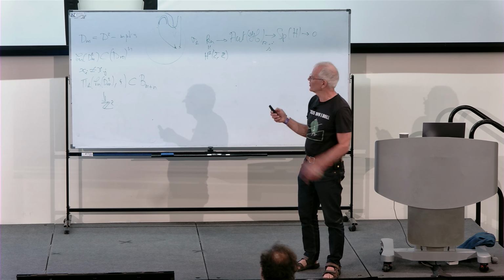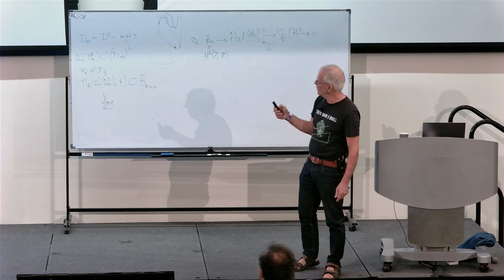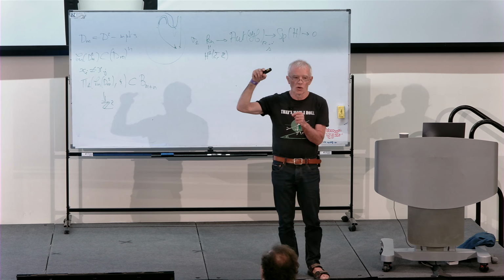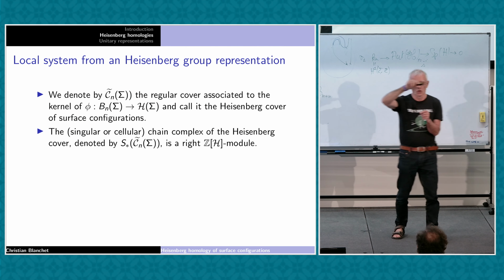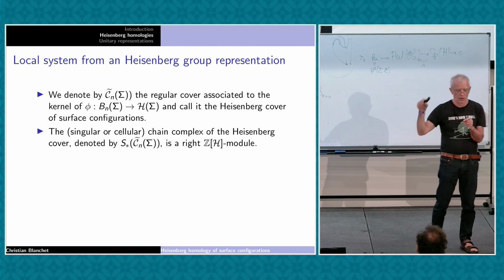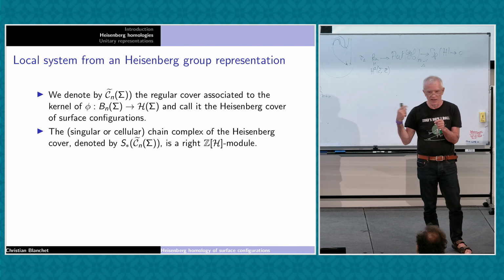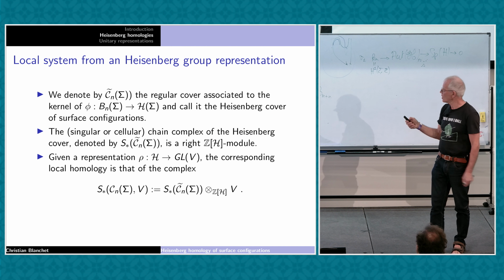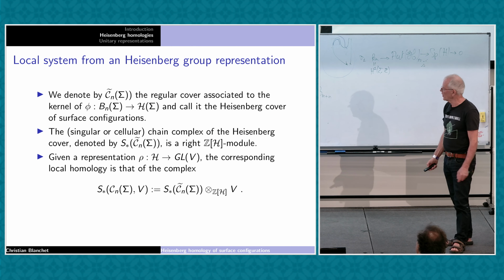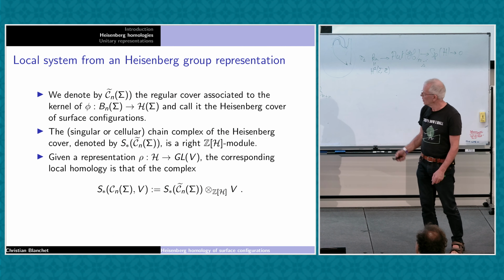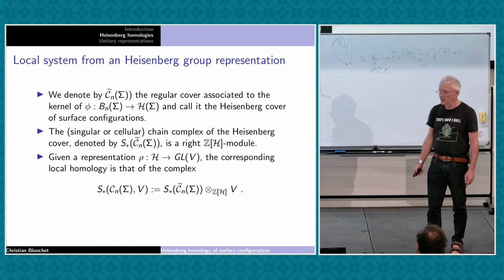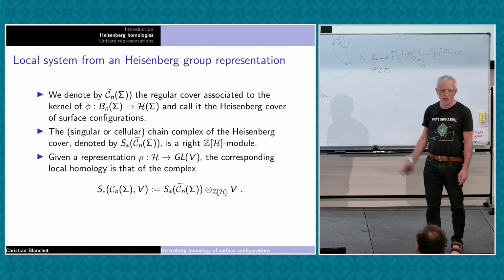And so it gets an action by deck transformation. And because I'm writing composition from the right, it's a right action of the group ring of the Heisenberg group. So then, if I have a representation sigma of Heisenberg, the corresponding local homology can be obtained by tensoring with the representation.